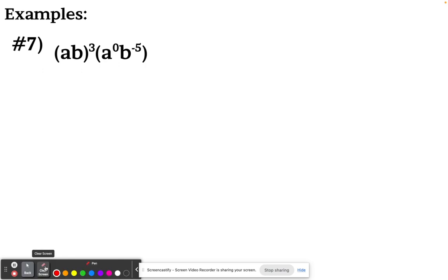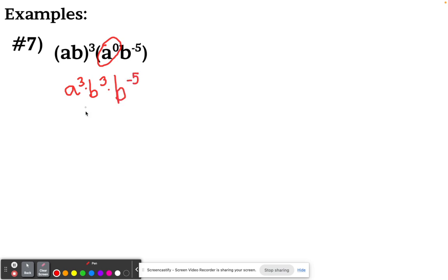They're getting a little bit trickier. Let's simplify what we can first. I have a to the 3rd power, b to the 3rd power. Do you remember anything to the 0 power is just 1? So I can ignore that. And then I have b to the negative 5 power.